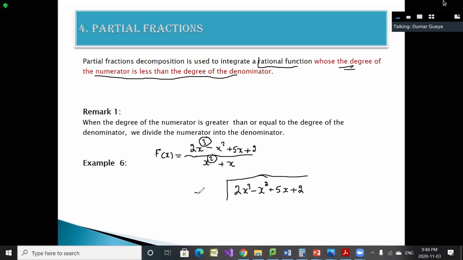And the denominator is x squared plus x. Okay? So first step, when you want to divide here, make sure you rearrange the numerator and the denominator by going from the highest exponent to the smallest one.